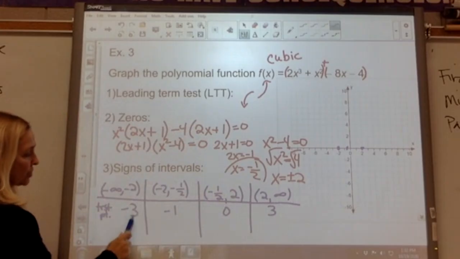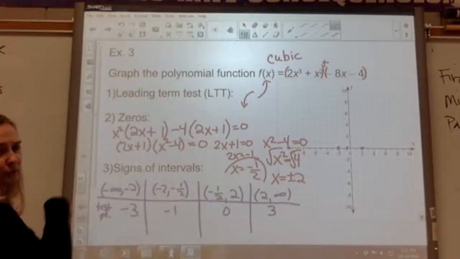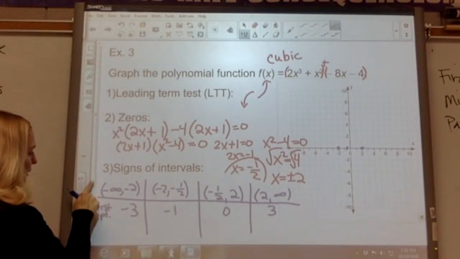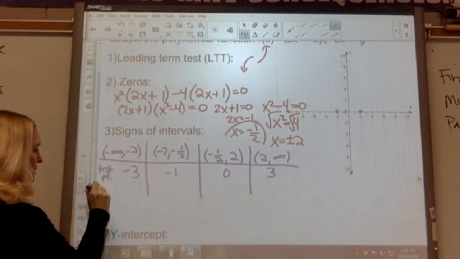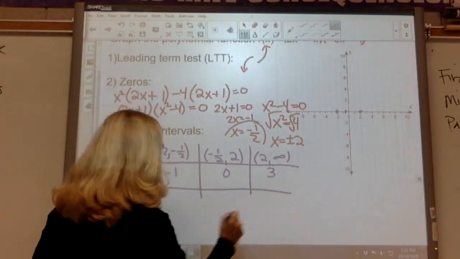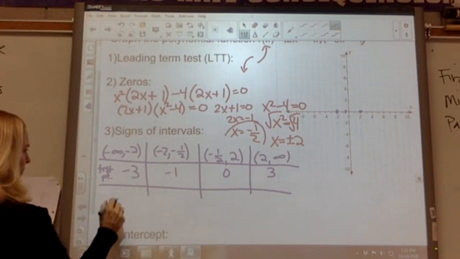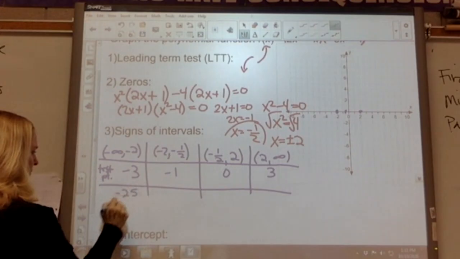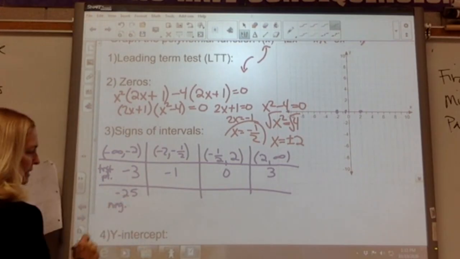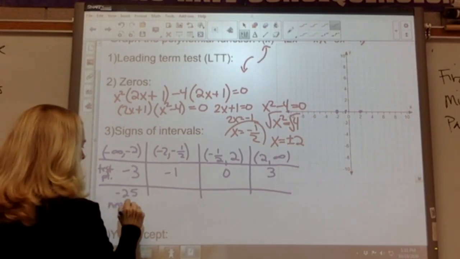Now basically you're going to take these numbers, plug them in for x, work it out and see what you get. So when I plug in -3 for x, I get -25. So this is a negative, which means that it is below.